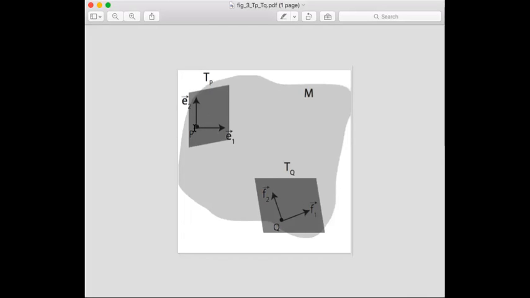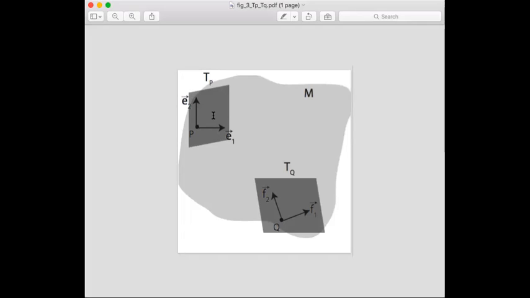And in a plane, you're back in familiar territory. You can draw vectors. I've drawn two basis vectors here, E1 and E2, and they exist at this point P and are members of a vector space called TP, for tangent plane, or tangent space at the point P.